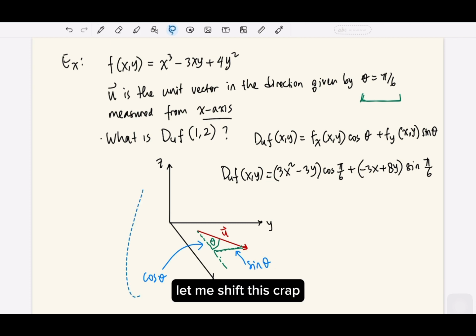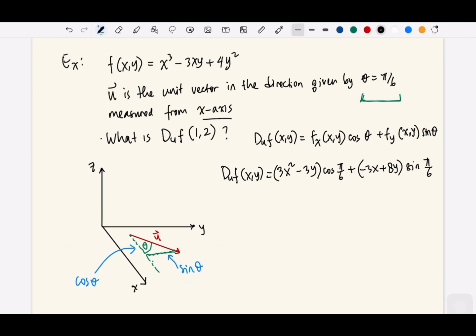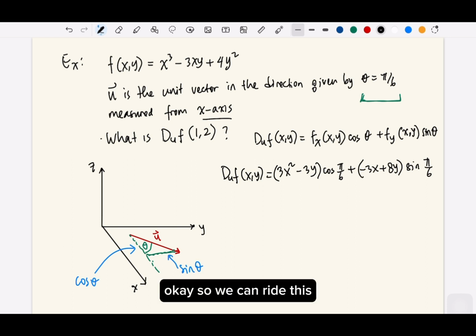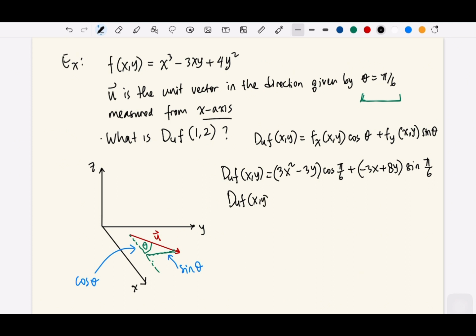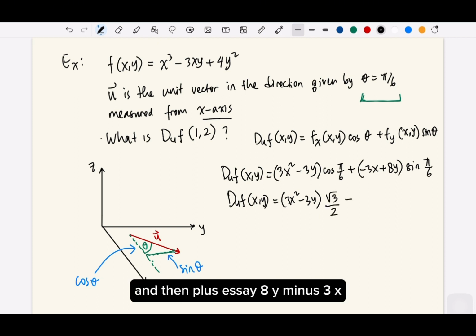So we can write this as, expressing the cosine, square root of 3 over 2, and then plus 8y minus 3x, with sine pi over 6 being 1 over 2.